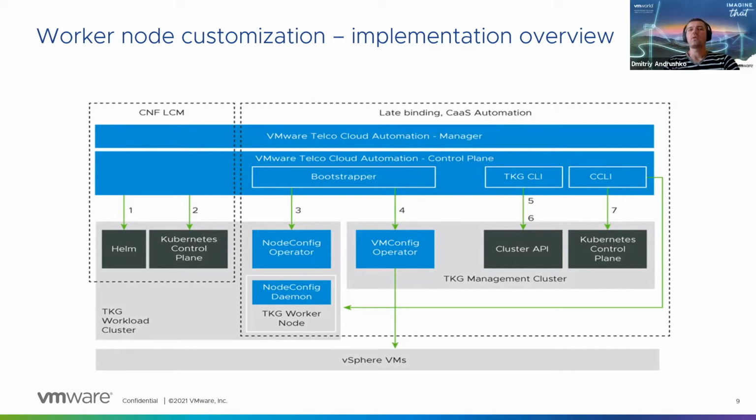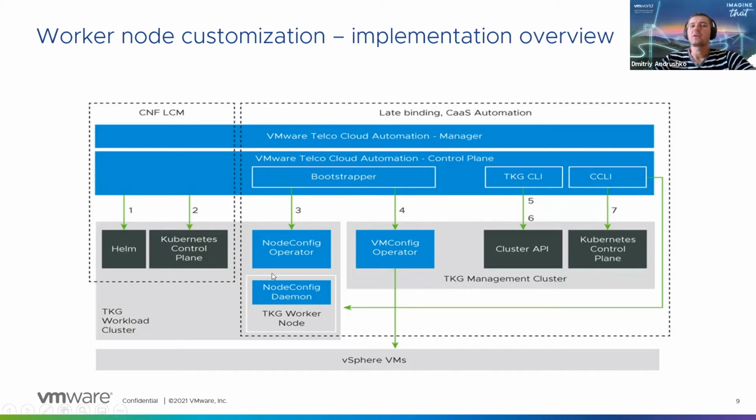So at our control plane operator, we are running a set of components which are talking to the operators which you mentioned. As we already discussed, the VM config operator talks directly to vSphere VMs and modifies settings and configuration of these VMs according to the requirements which are specified in the network function.